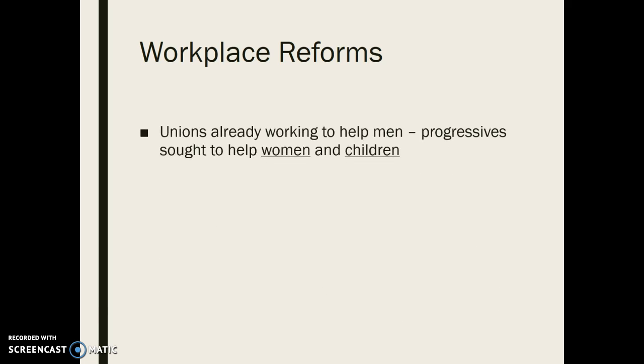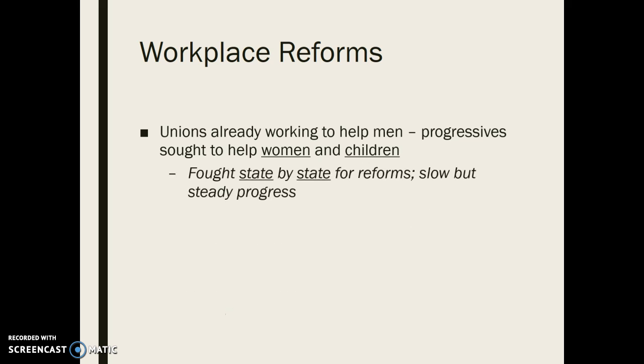So unions, as we talked about, we're making some progress in terms of pay and hours and working conditions. Progressives wanted to focus that work to help women and children specifically. And we get child labor laws, we get all kinds of laws during the Progressive era that work to accomplish that. Now, especially with this one, but in a bunch of different areas during the Progressive era, we see a state-by-state approach.